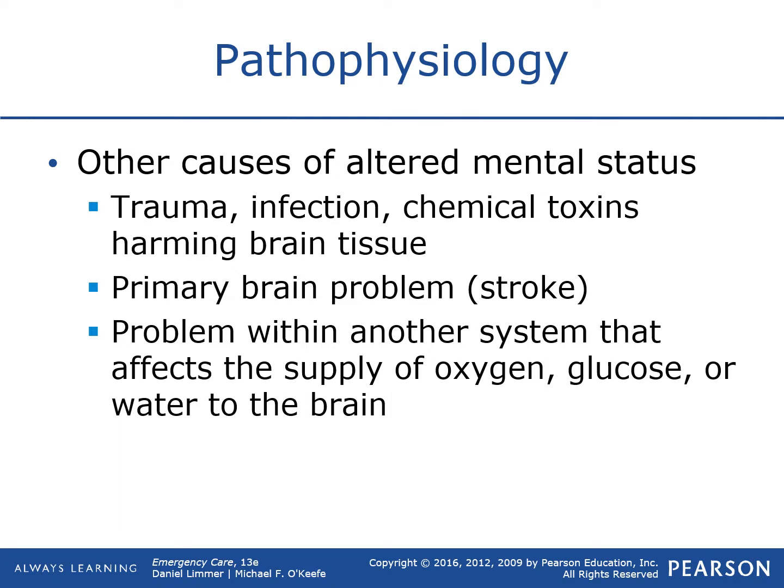Infection, some chemical toxins, which we're going to talk about a lot in poisoning and overdose, which is 2 chapters from now, and anything else that might harm the brain tissue itself. So there are a lot of different causes of altered mentation. We're going to cover a lot of those today, but when it comes down to it, it's usually something that's going to be affecting your supply of blood, glucose, or oxygen, typically.